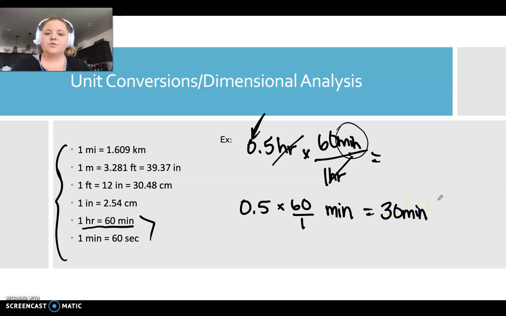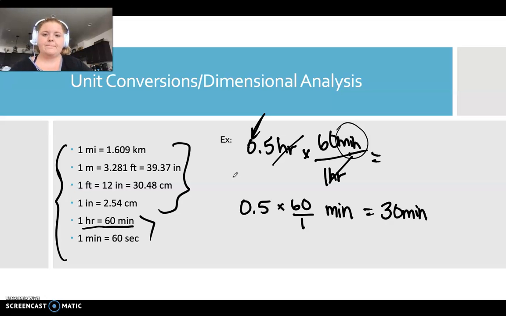This is what I mean by dimensional analysis, and it can be much more involved than something so simple as this. Through doing some practice, I will also have a video up that will help you with dimensional analysis and unit conversions. We can do this with lots of different things, not just time. We can do that with length as well. Those two are very common for us to do.